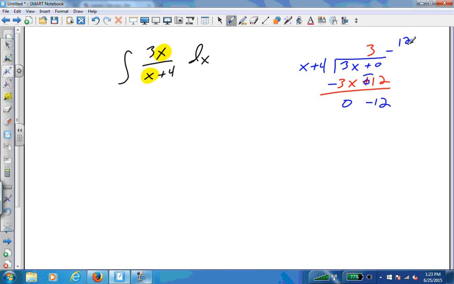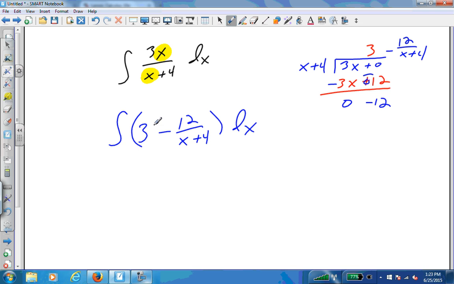We do that over our divisor. So this is essentially 3 minus 12 over x plus 4 dx. So if we want to integrate that, the first term is just a constant. This second one integrates as natural log.